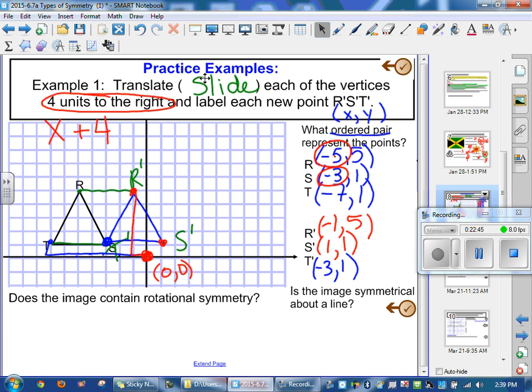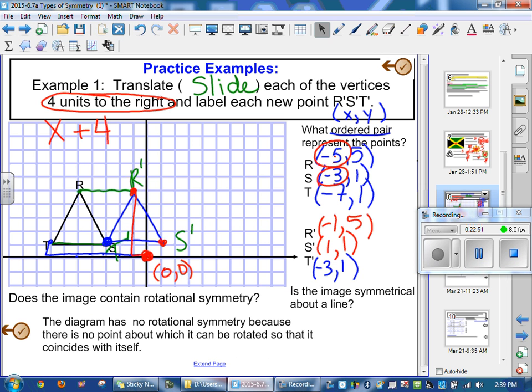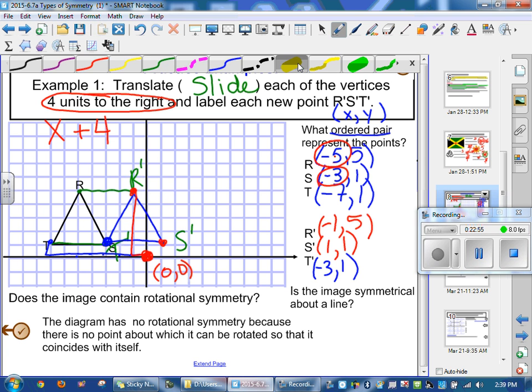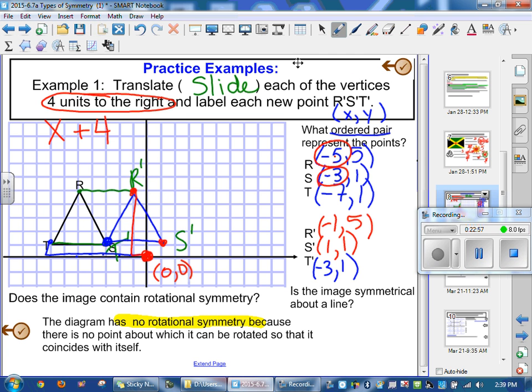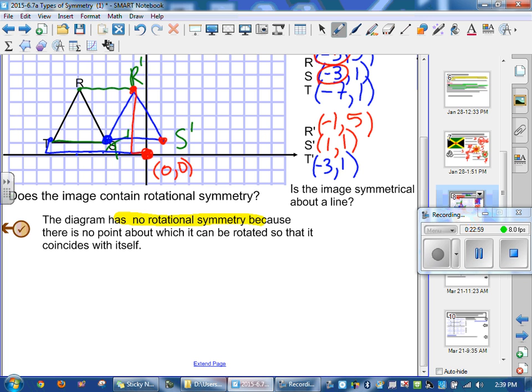Can you cut that in half and have an identical object on both sides? Yeah, you can. So we're going to say there's no rotational symmetry, because there's no point that it can be rotated around where it's going to coincide. Coincide means sit on top of itself.